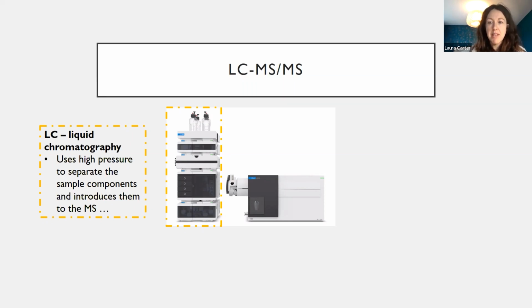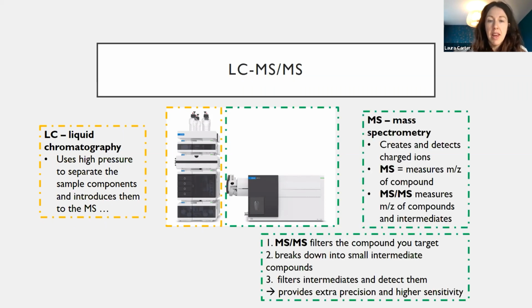Your sample gets injected into the LC, which uses really high pressure, and it separates the sample components and then introduces these into the mass spectrometer. The mass spectrometer, or MS, is the part of the analysis that creates and detects ions and allows you to work out what is actually in your sample.